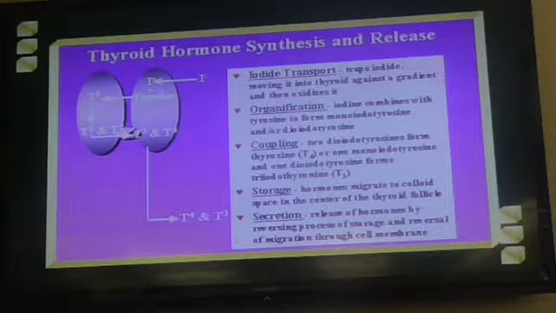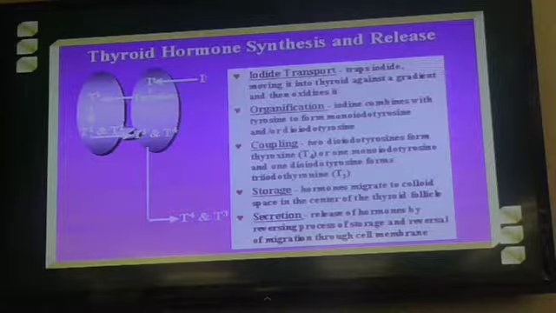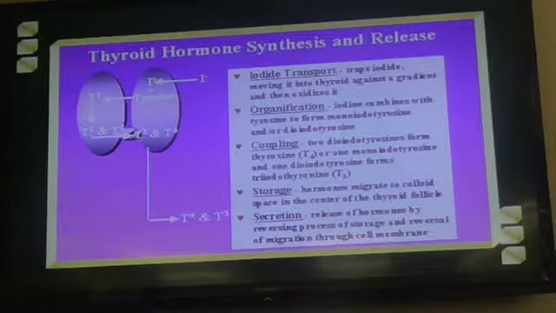And it goes into the blood, and then the gland takes it up from the blood, right? And it's going to have to go against a concentration gradient. So for that reason it has to have an active pump to pump it in. So there's a sodium iodide transporter that pumps iodine into the thyroid follicular cell. And then we'll oxidize it. It's going to go from iodide to iodine, okay?